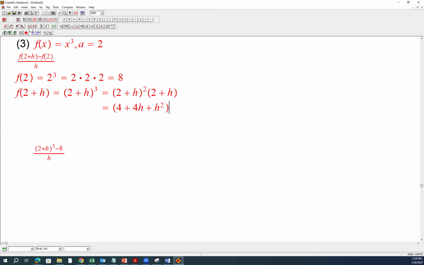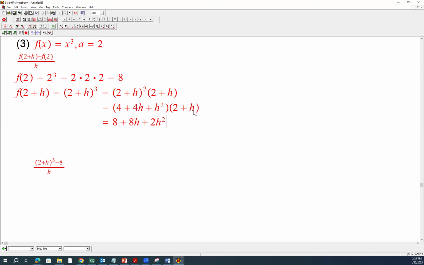Okay, and then we're going to multiply 2 plus h. And now what we got is that 2 times 4 equals to 8, 2 times 4h equals to 8h, plus 2h squared.